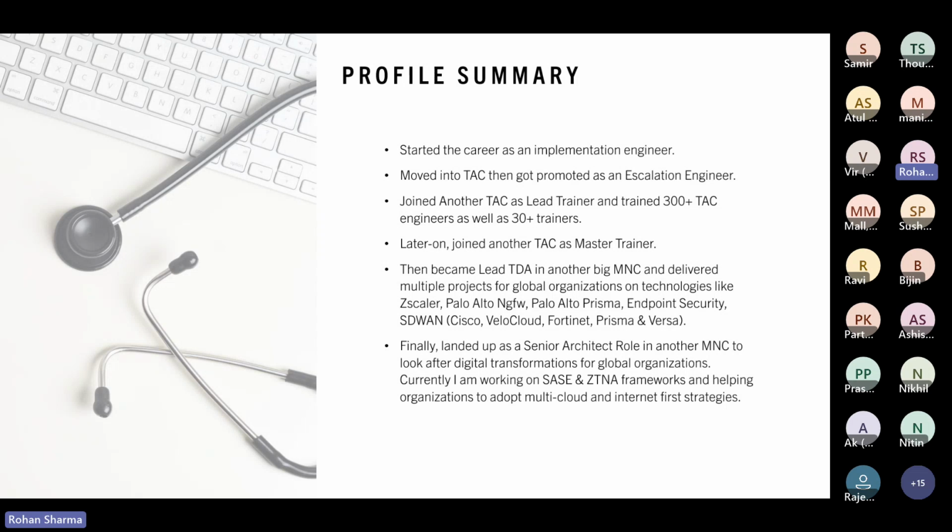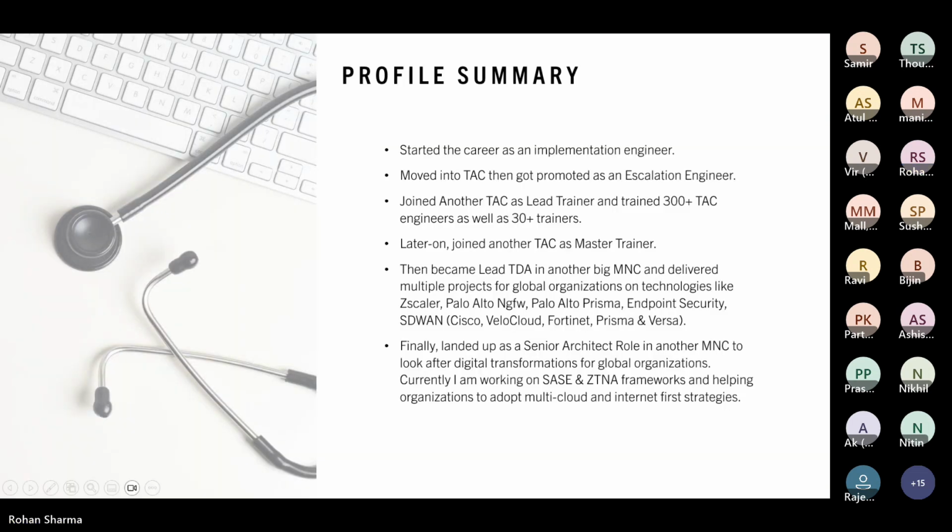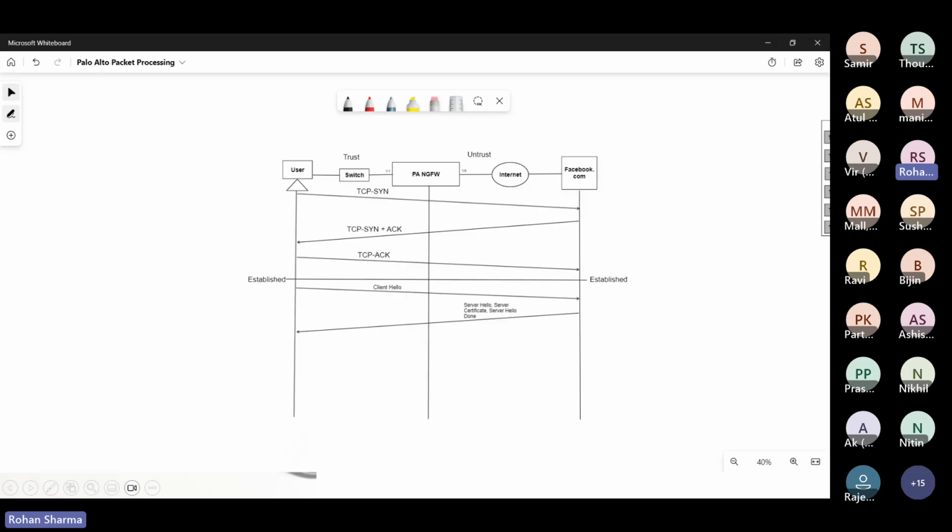So all the CIOs, CXOs, they are starting their internet-first and cloud-first strategies, and to go with internet and multi-cloud, we need the SASE framework and ZTNA framework to be in place so that you can securely architect your overall solution, right?